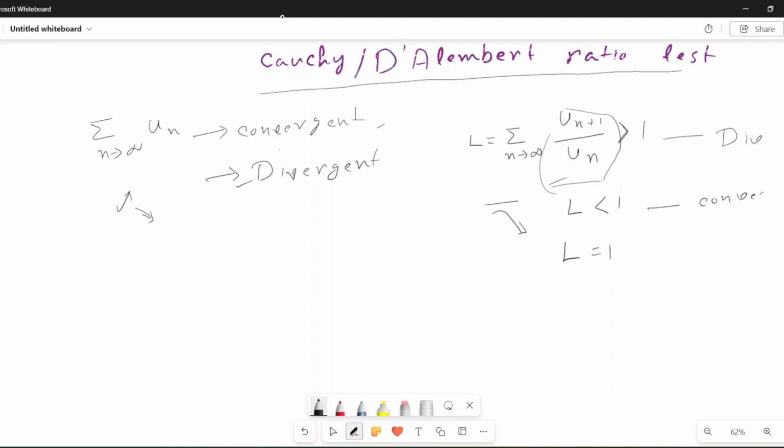And in the other case, if L is equal to 1, then we can say the test fails, as we don't get anything from the test; it is inconclusive.